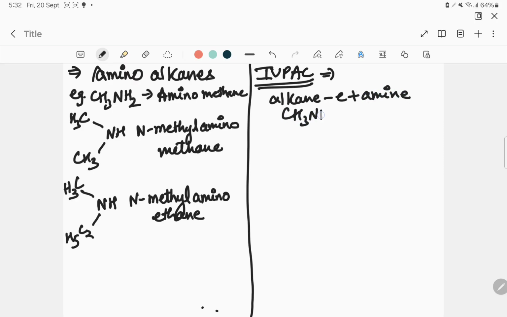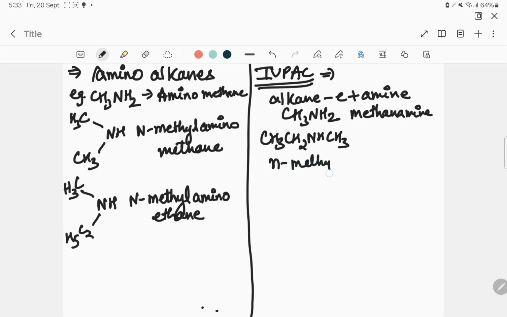Suppose we have CH3NH2, then it's a methanamine. If we have secondary CH3 NH CH3, again the longer will be taken as alkane and smaller will be taken as alkyl. So this will be N-methyl methanamine.